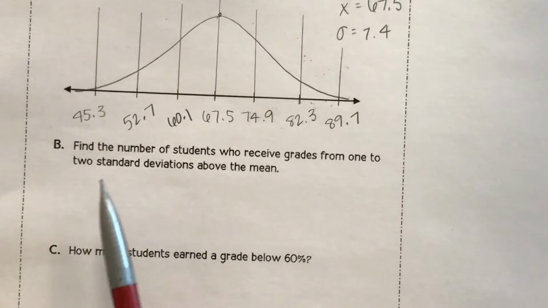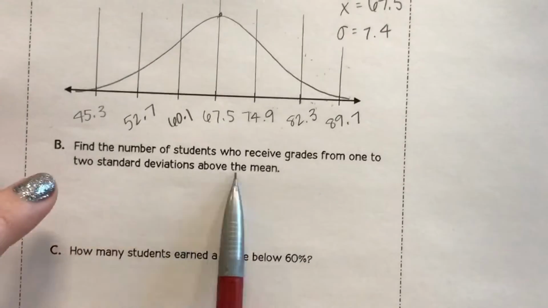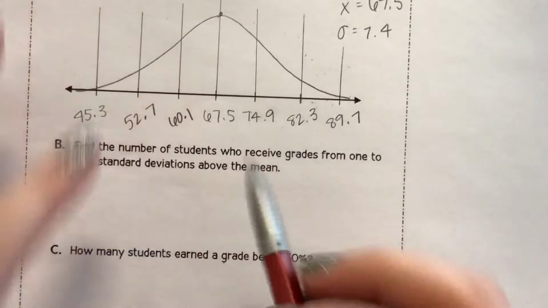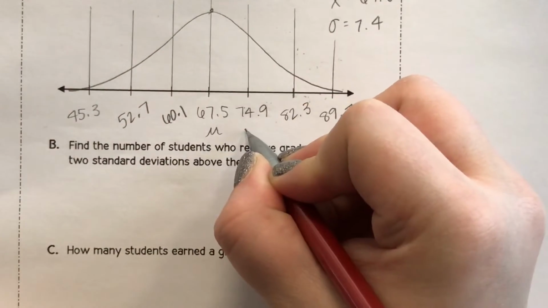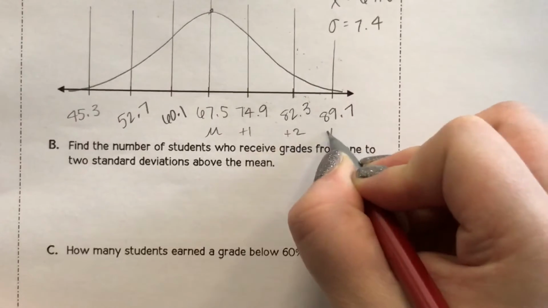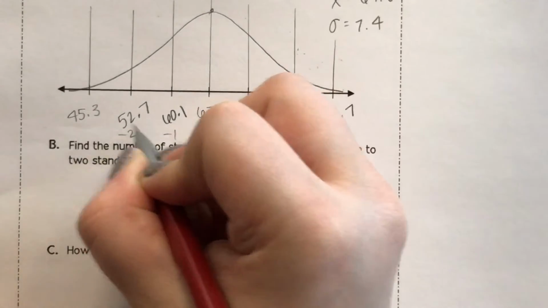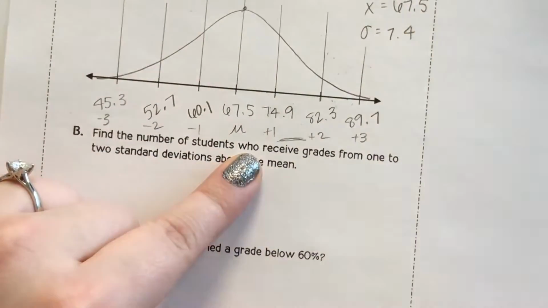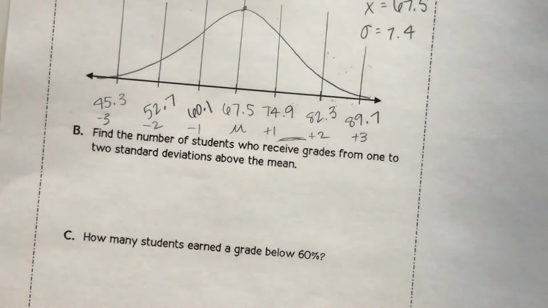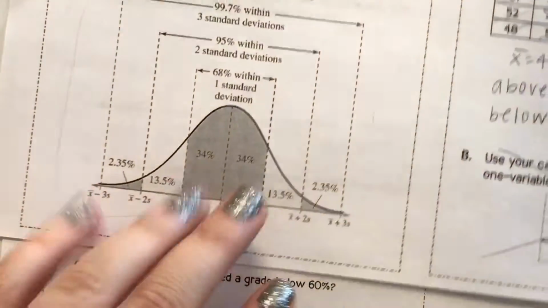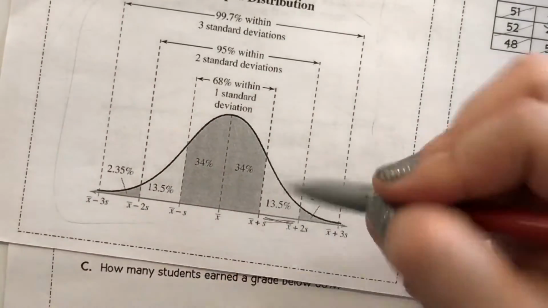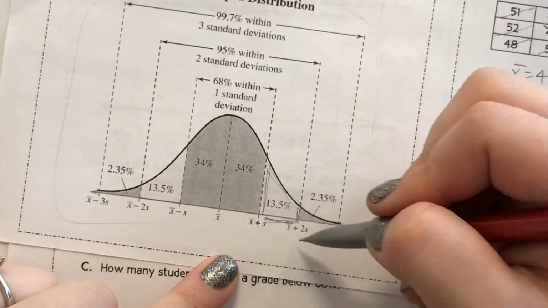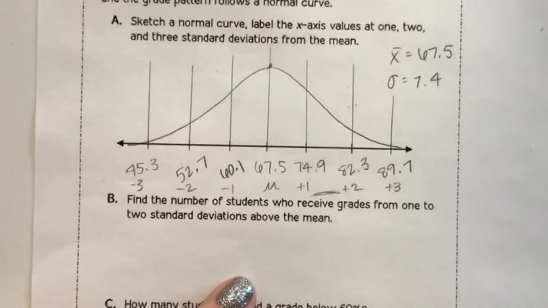Okay. So find the number of students who receive grades from 1 to 2 standard deviations above the mean. So 1 to 2, so we have, this is our mean, plus 1, plus 2, plus 3, minus 1, minus 2, minus 3. From 1 to 2 standard deviations, we know approximately 13.5% of data falls within 1 and 2 standard deviations.